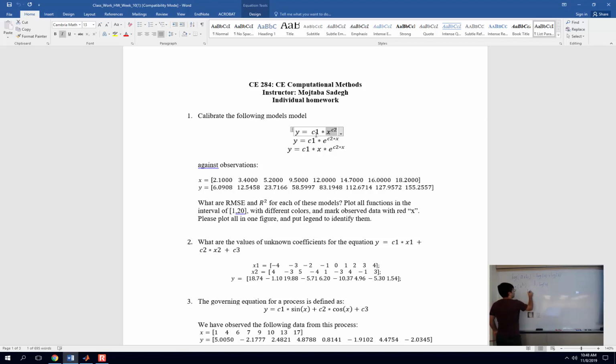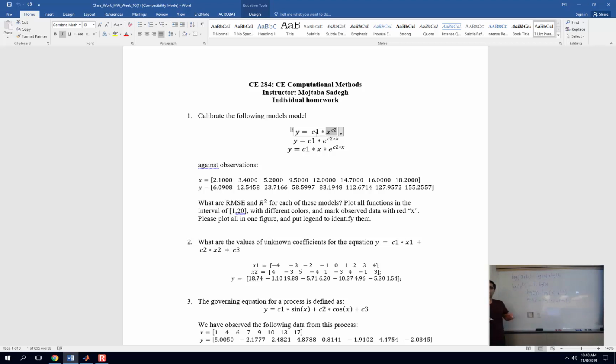So log of y is equal to log of C1 x to the power of C2. For this, log of y is log of y. For this, I have log of C1 plus log of x to the power of C2.